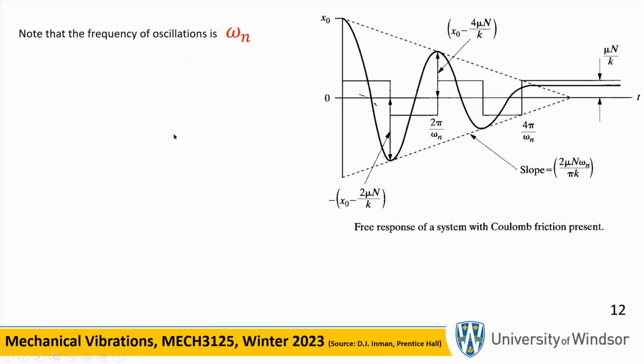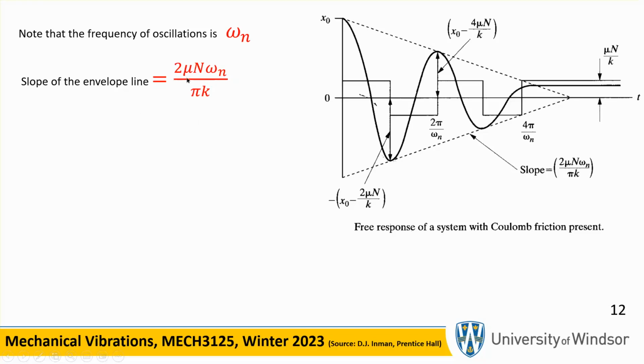So let's summarize what we have learned in the case of Coulomb damping. First of all, the frequency of oscillation is omega n, not omega d. There is no such thing as omega d. The slope of this line, see that? This is a straight line. The slope of the envelope line is right here.